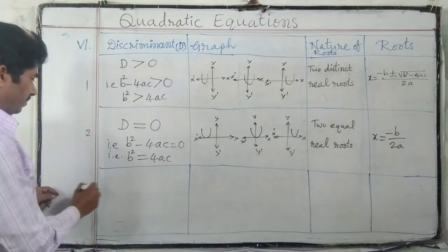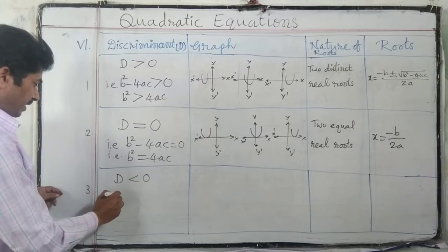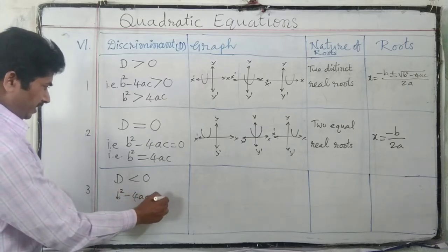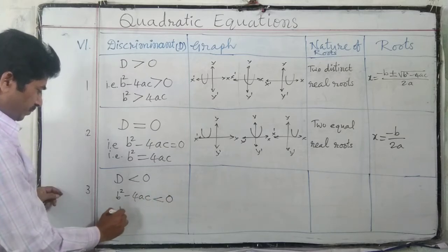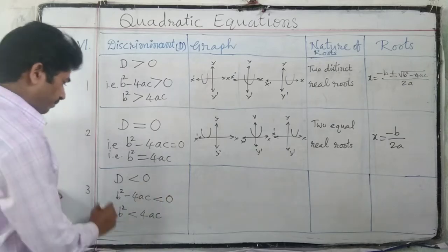Next, third one, discriminant is less than 0, that is b square minus 4ac is less than 0, that is b square less than 4ac.